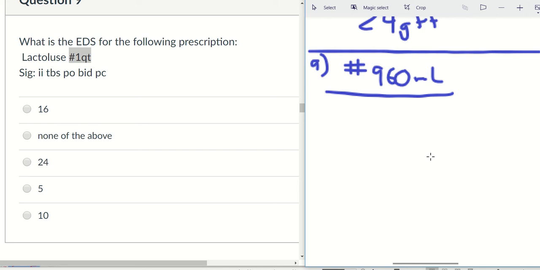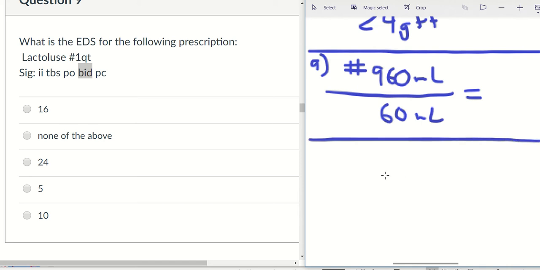You'll use them again in subsequent courses. How many mLs do they use in an entire day? 2 tablespoons twice a day. So that is 30 mLs twice for a total of 60 mLs in a day. Round down. Yeah, it's about 60.